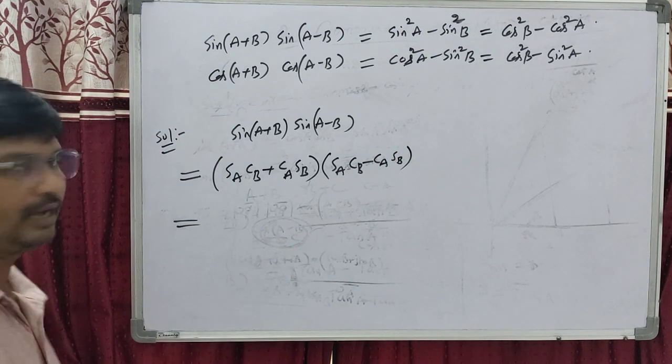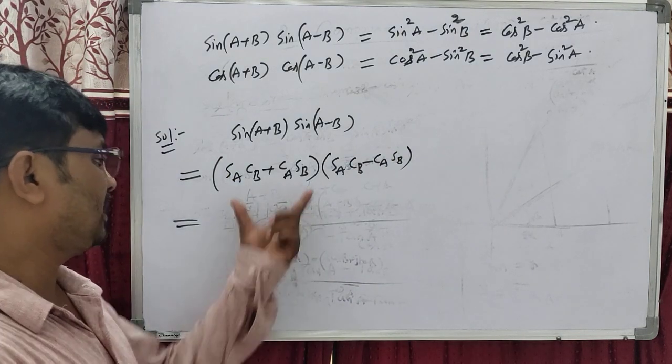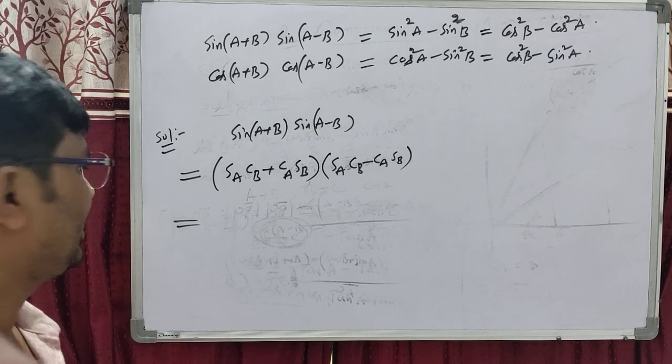You have to compare this with (a plus b) into (a minus b) equals a square minus b square.